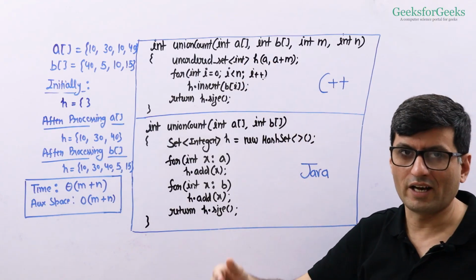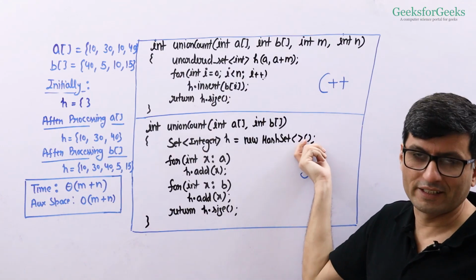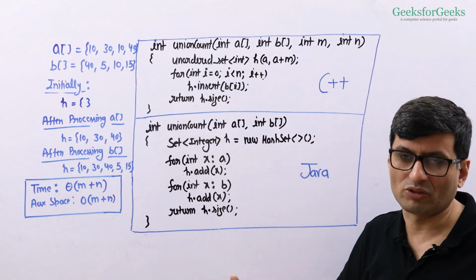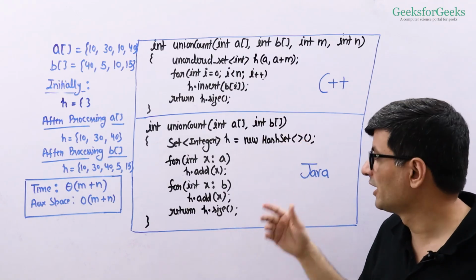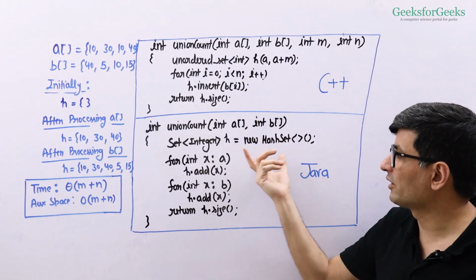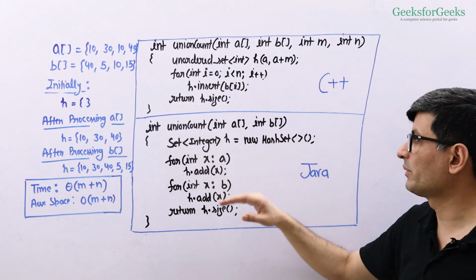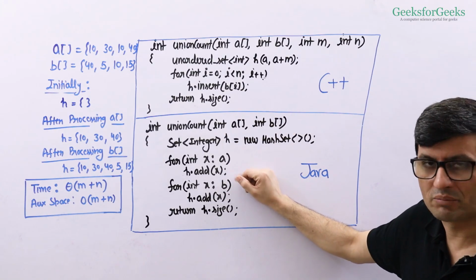There is the Arrays.asList function that allows you to treat the array as a list without using auxiliary space, and then you can construct a hash set from the list. So if this was an Integer array, we could have shortened the code like C++, but it's an int array, that's why I've written add one by one.